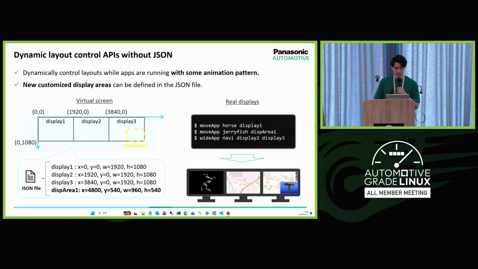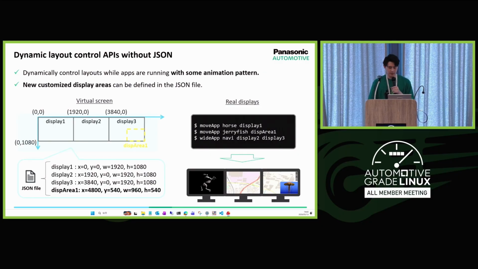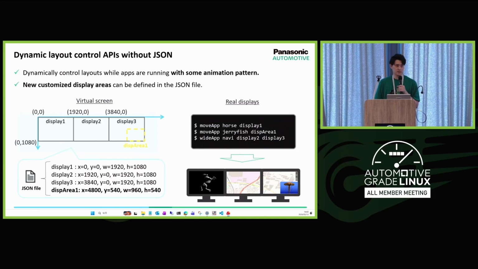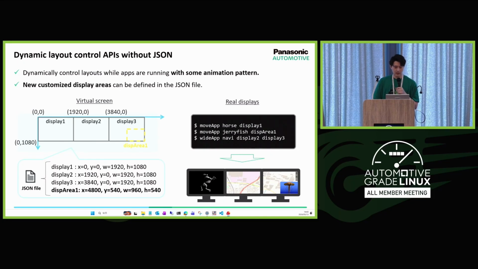So this file defines the virtual screen and the available display areas, and it is created once before starting Unified HMI as a presetting. After that initial setup, layouts can be controlled dynamically while applications are running using simple APIs with animations.